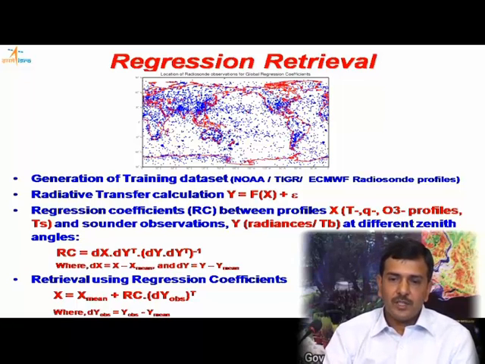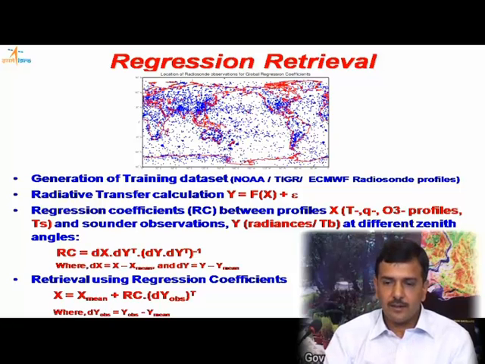We have to generate a set of training data, which you can obtain through simultaneous observation of satellite radiances as well as simultaneous measurement of the ray of observation, that is, radiosonde observations. If you make that training data set of y, that is radiance, and x, that is the state vector of temperature and humidity profiles, you can establish a regression equation between these two, and derive the regression coefficients, which we can apply to any future observation.